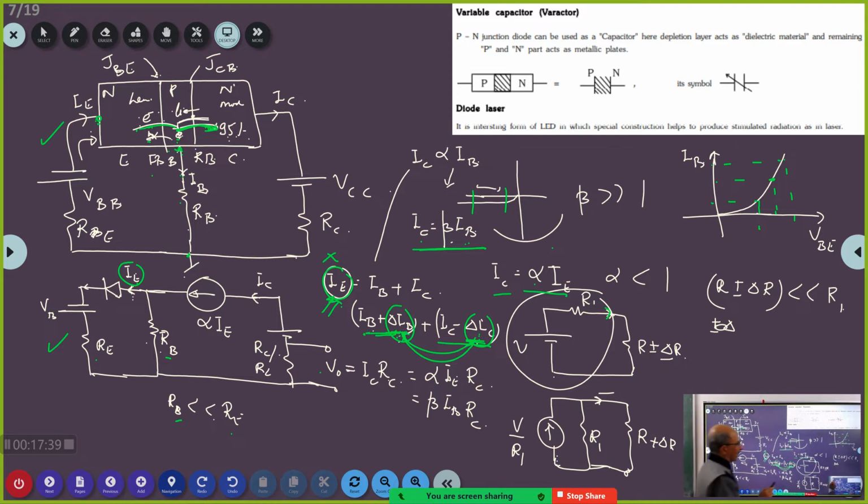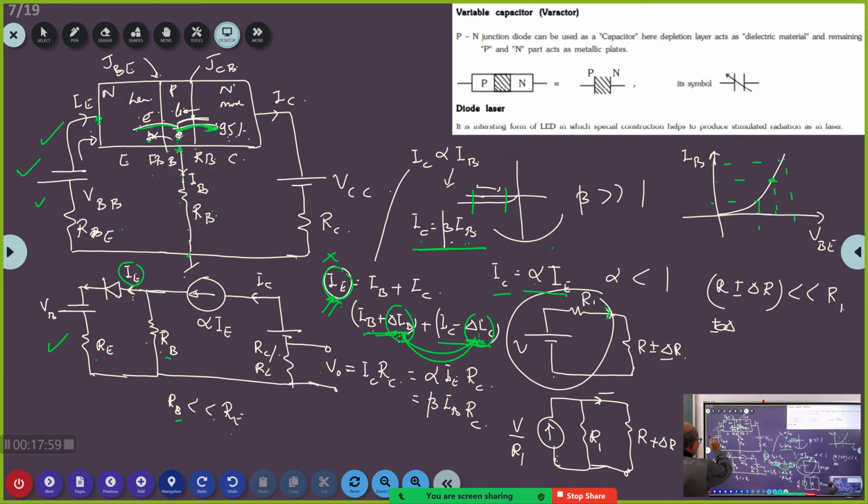Initially, when you have chosen some voltage here, some resistor here and all, you will get this as the operating point. What does this graph mean?